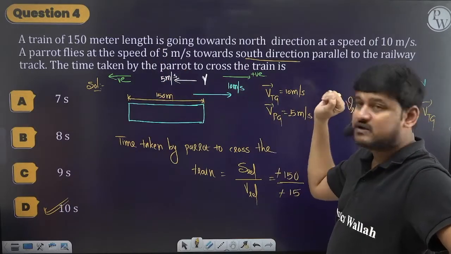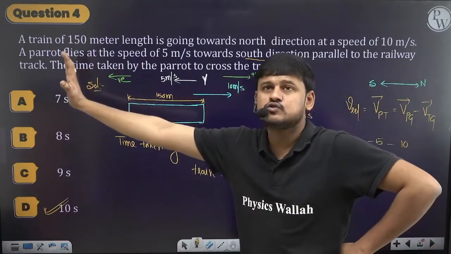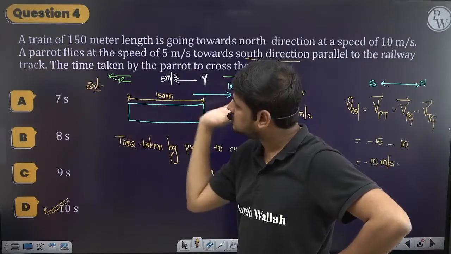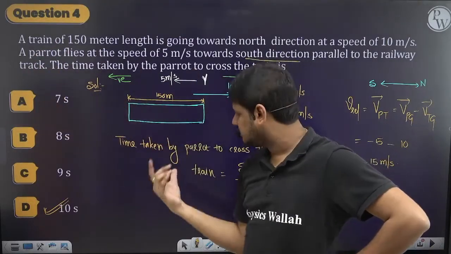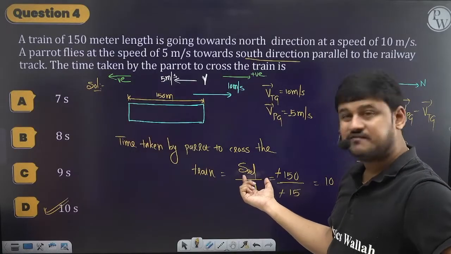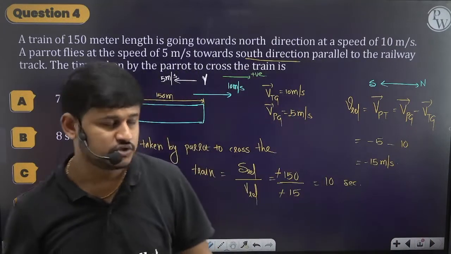The relative distance should also be taken with the sign, because it's moving towards south. All vectors in the south direction should be taken as negative. Clear? Understood?